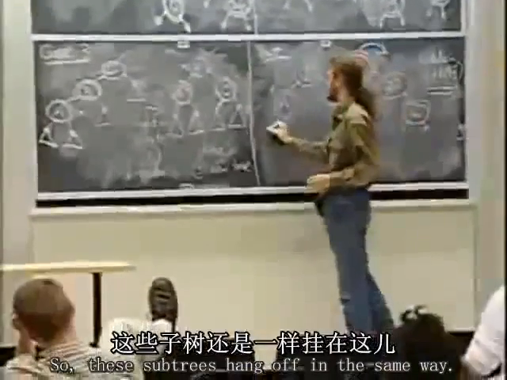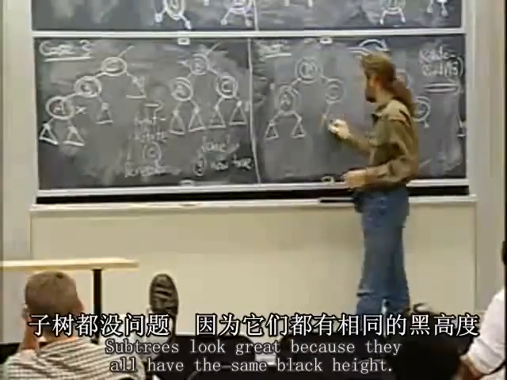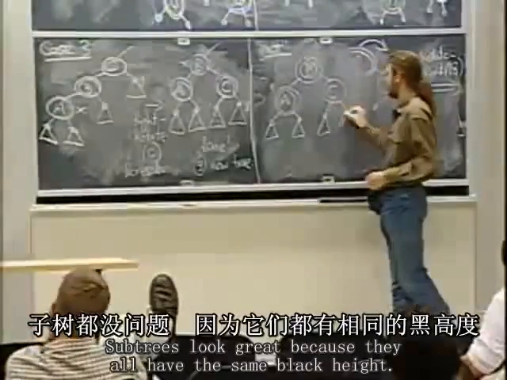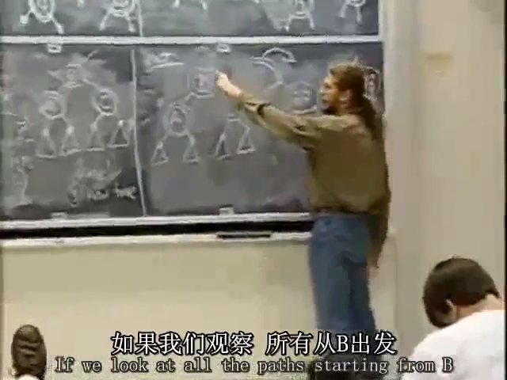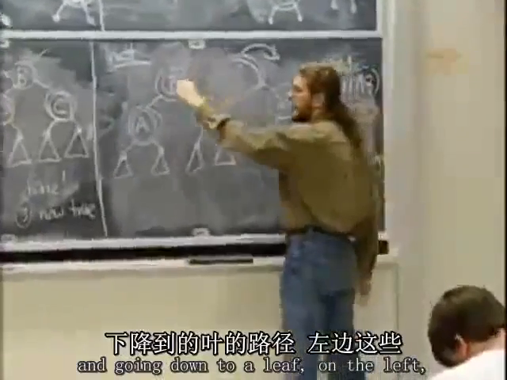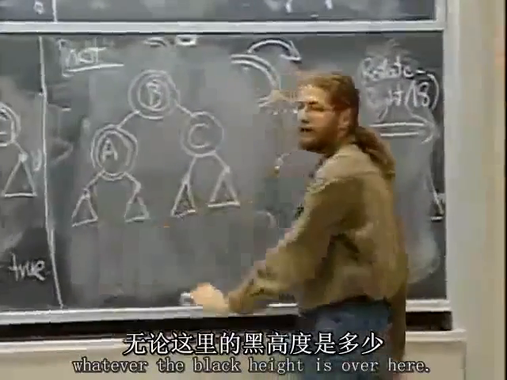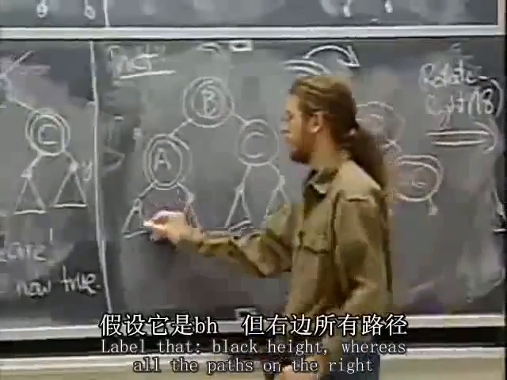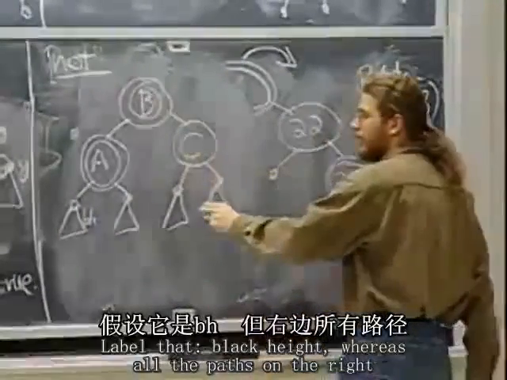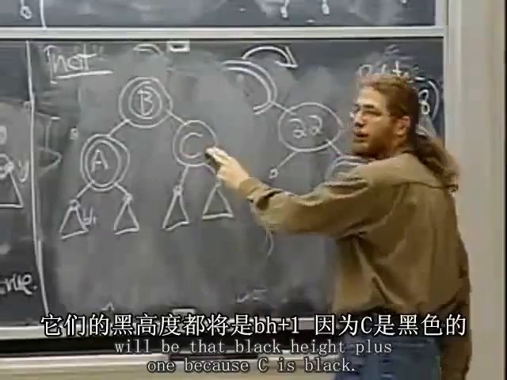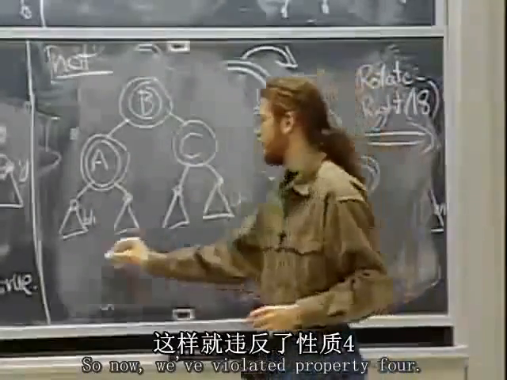So these subtrees hang out in the same way. Subtrees look great because they all have the same black height. But you see there's a problem. If we look at all the paths starting from B and going down to a leaf, on the left, the number of black nodes is whatever the black height is over here. Label that, black height. Whereas all the paths on the right will be that black height plus 1 because C is black. So now we violated property 4.